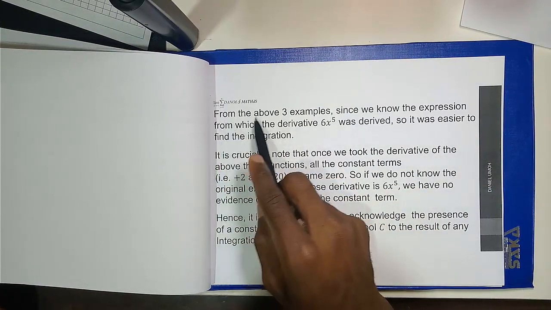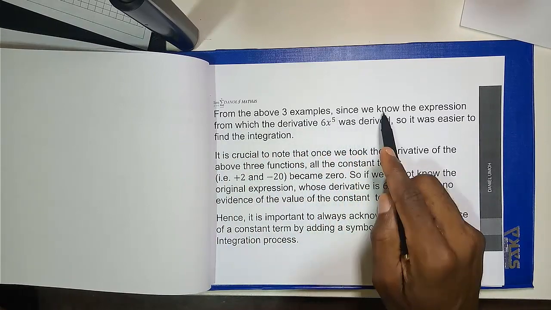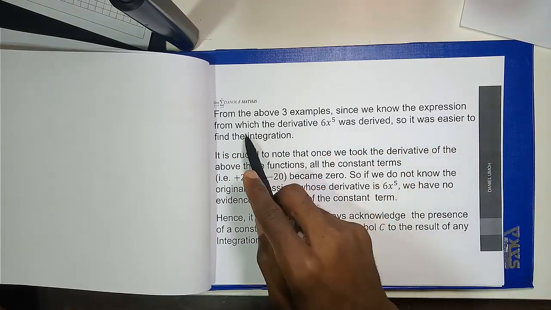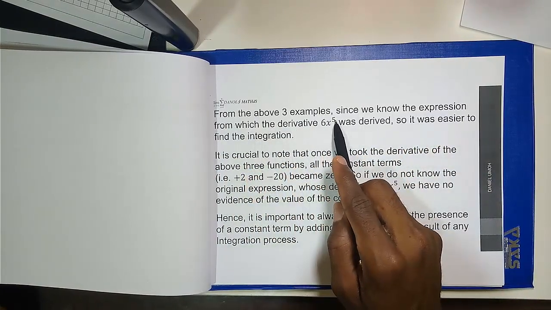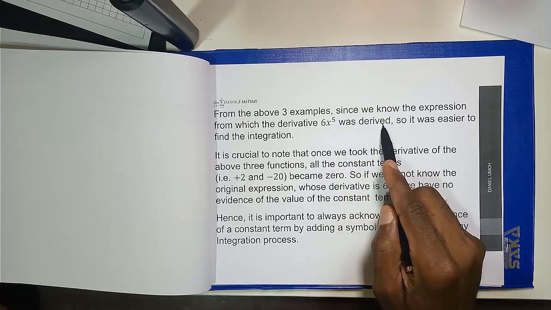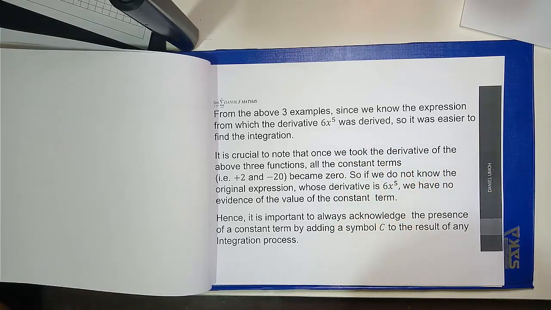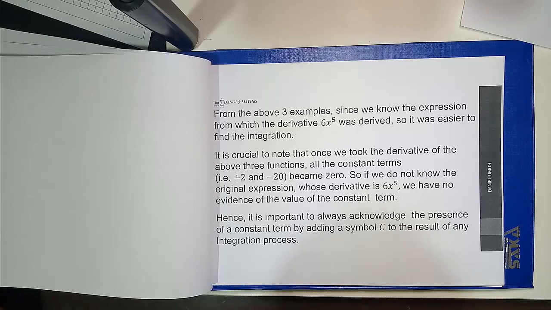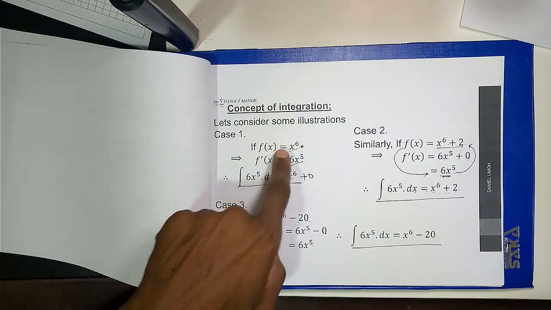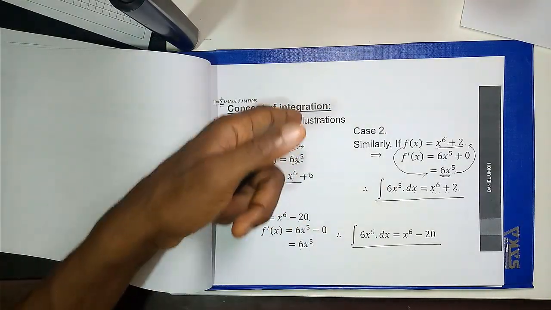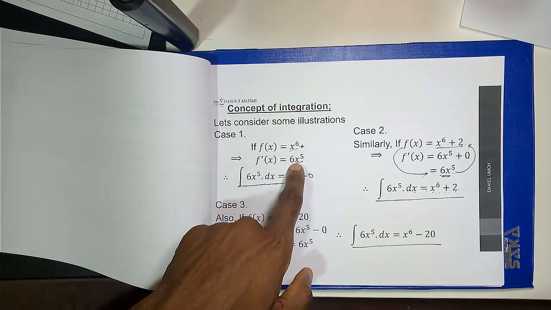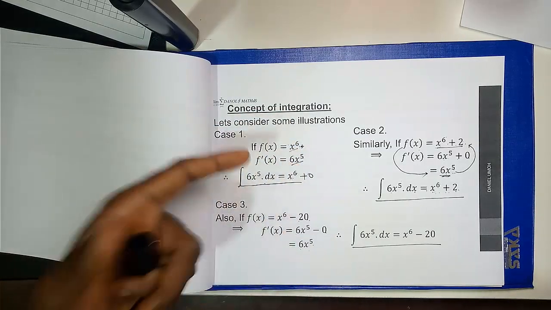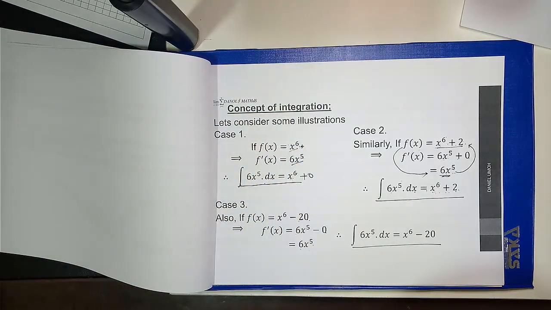Now, I said that from the above 3 examples, since we know the expression from which the derivative 6x raised to the power of 5 was derived, it was easier for us to find the integration. Like now, we knew the original function here was x raised to the power of 6. So when we got the answer, to integrate it, we just say the answer is x raised to the power of 6.